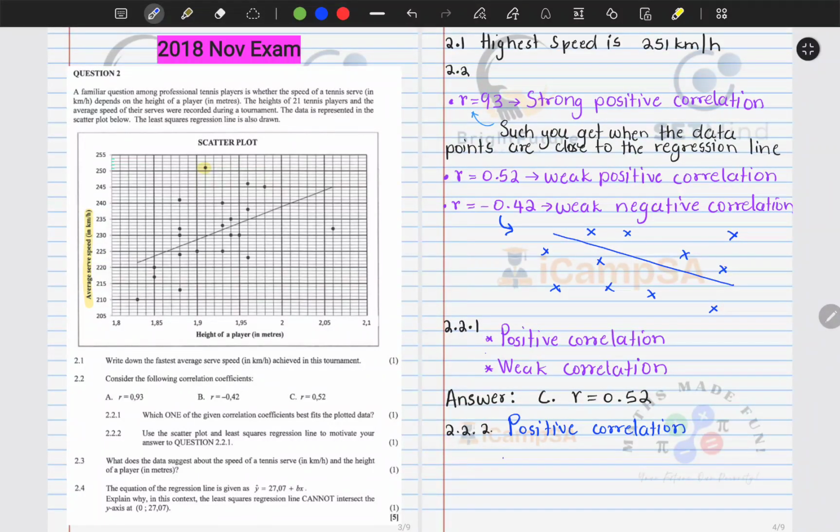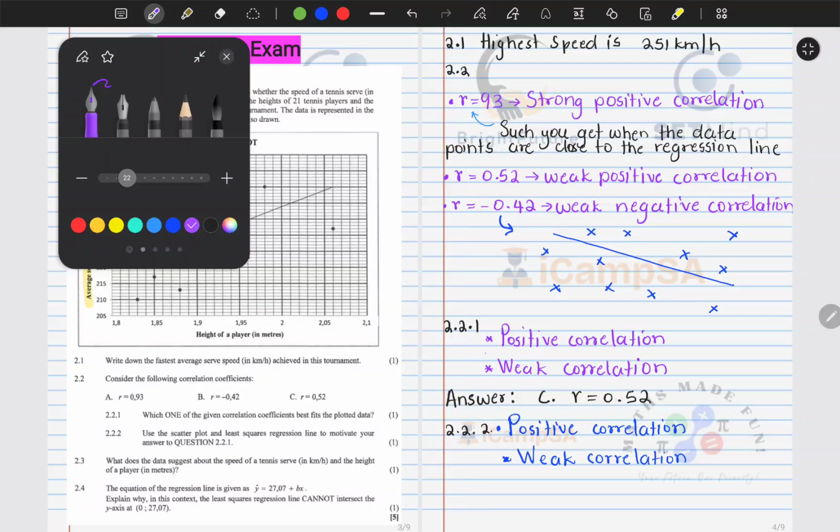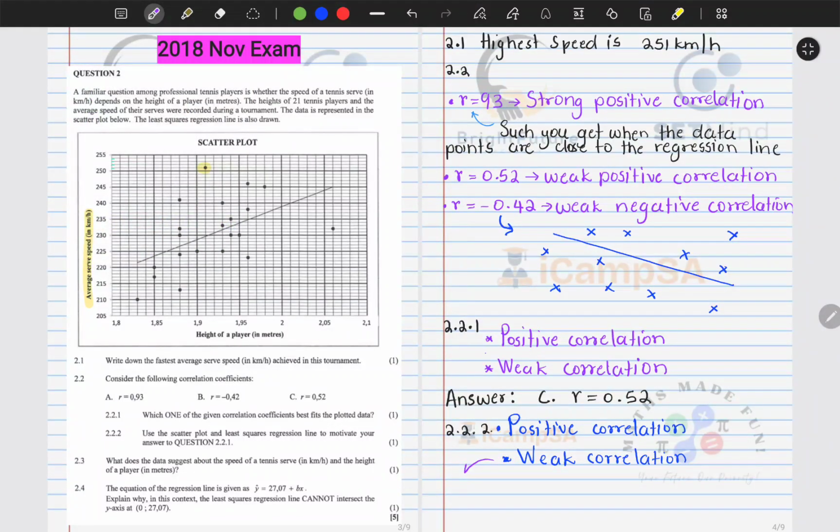Secondly, looking at how far this data is from the regression line, we have a weak correlation. Why weak? Because the data points are far from the regression line.